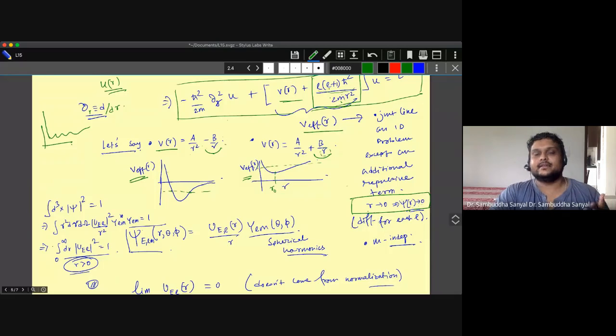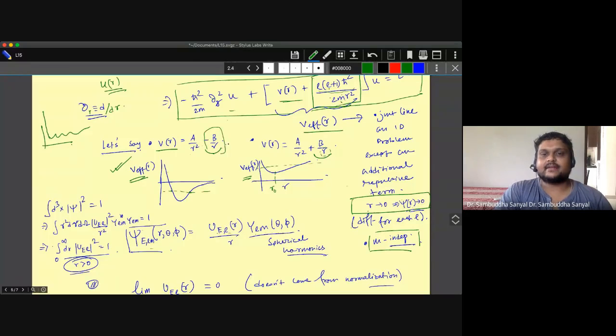Another important thing to notice is that this radial equation is m independent. It doesn't matter what the m is. It's only the L part. So now I can write down the solution of this radial part as E and L. I just keep two indices, and the radial and the angular part is L and M. So try to play with some potentials.